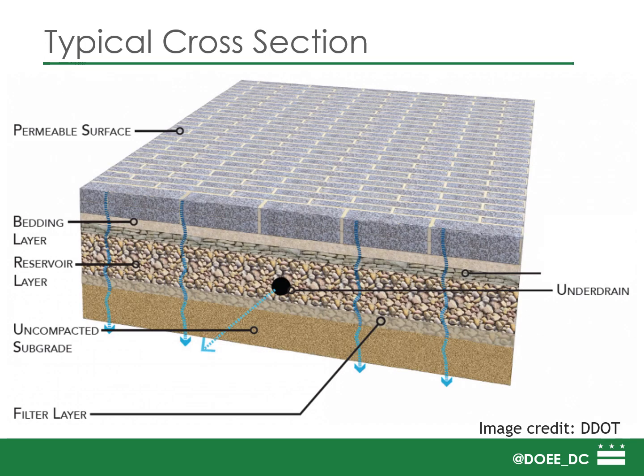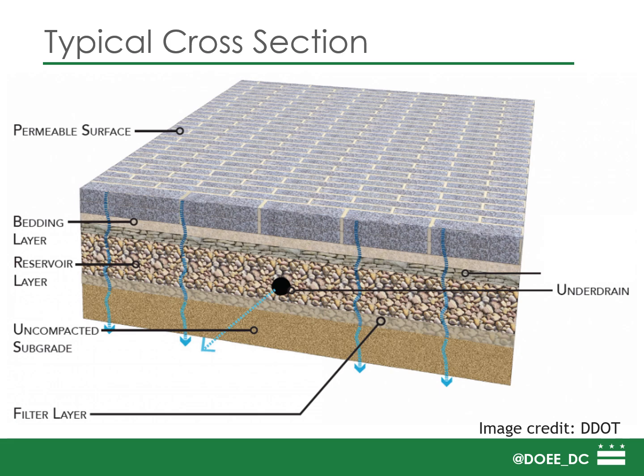Here's a typical cross-section of a permeable pavement system. You can see on the top is that permeable surface, so that grid paver or the porous asphalt or whatever it may be. Beneath that, there's typically a bedding layer to stabilize and level that surface layer. And then underneath that, there's the reservoir layer, which does the bulk of the stormwater retention.